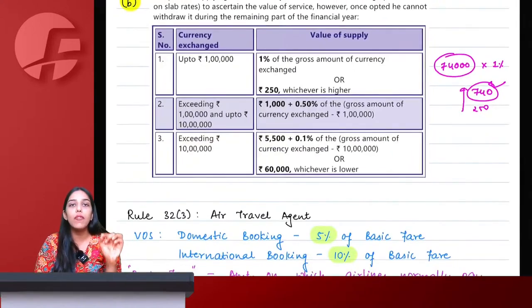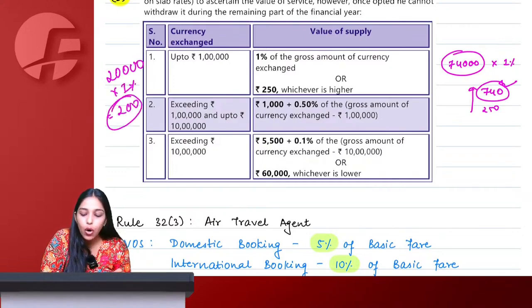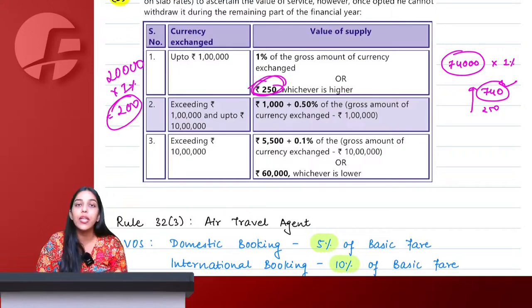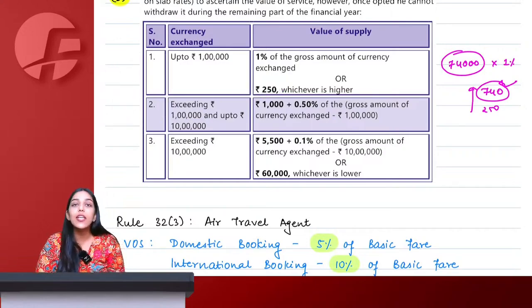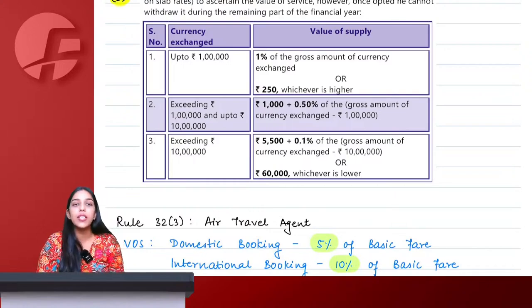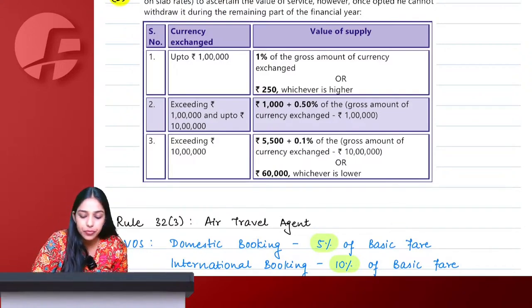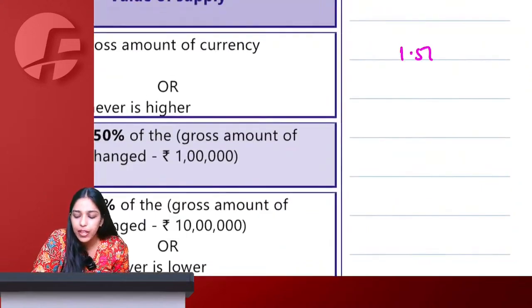So the minimum amount will always be 250, because let us say I exchange only 20,000, then 1% of 20,000 comes as 200, or 250, whichever is higher, will be 250. So the answer can never be less than 250 in this table method. But ma'am, I exchanged 1.5 lakh.